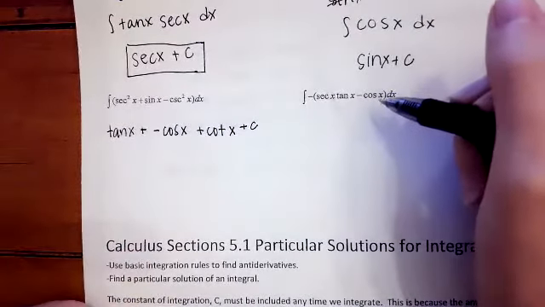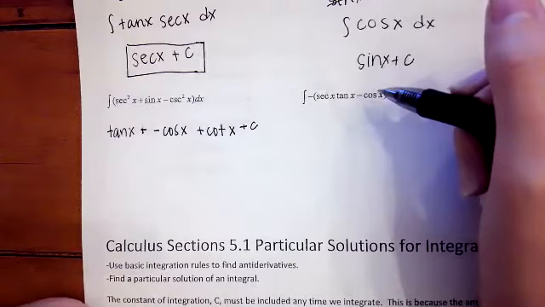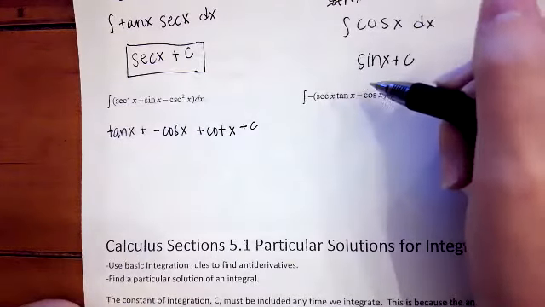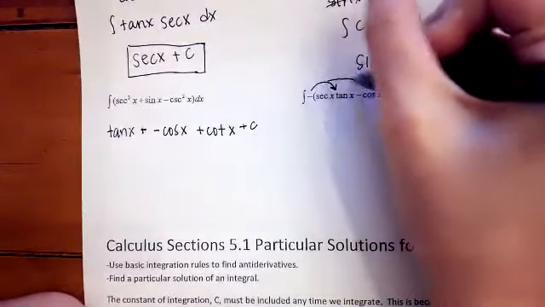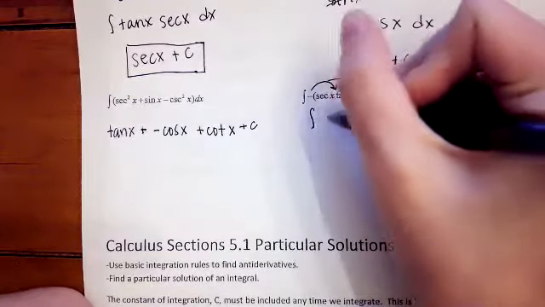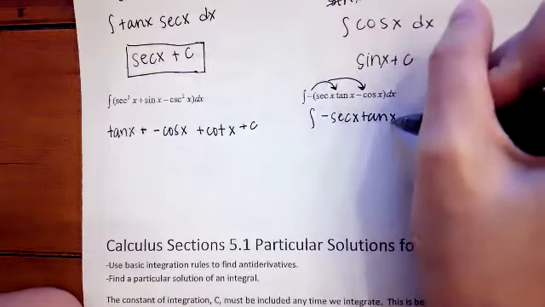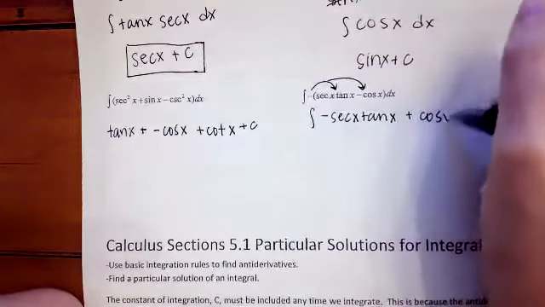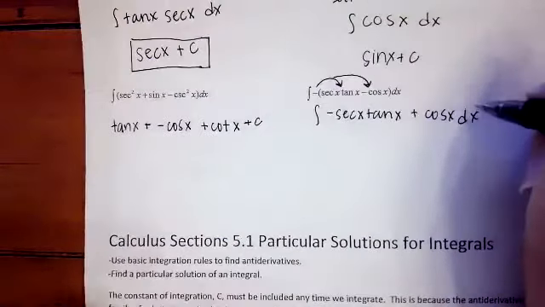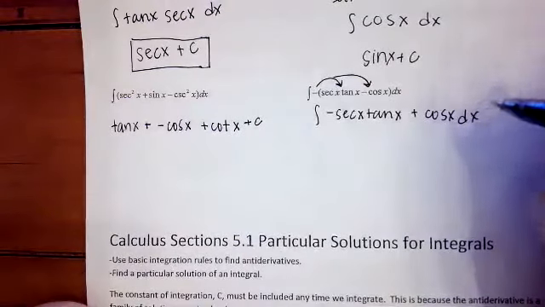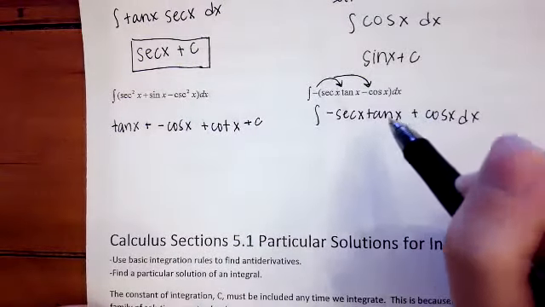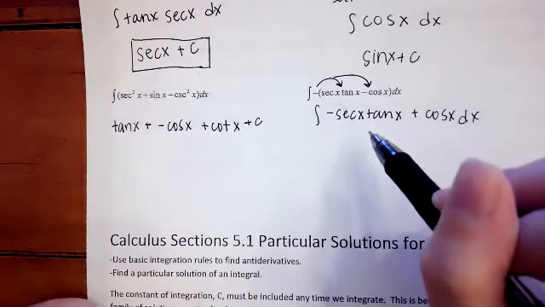And this last one, the first thing I probably want to do is to distribute this negative. So we'll have the integral of negative secant tangent plus cosine. Well, we know the integral of secant tangent is secant.